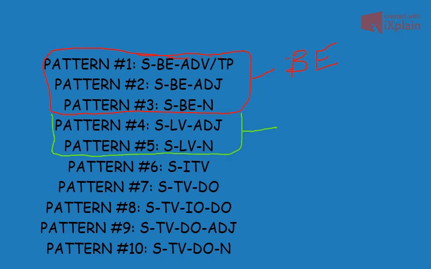The next two have linking verbs. The next one, pattern number 6, stands alone with an intransitive verb. And the last four have transitive verbs, which we'll get into the difference between intransitive and transitive verbs later on in this presentation.